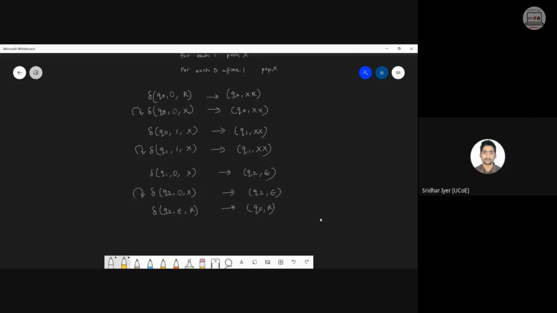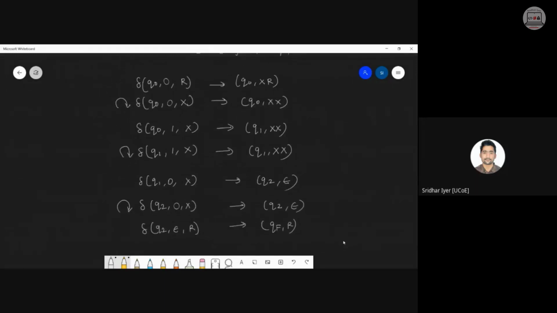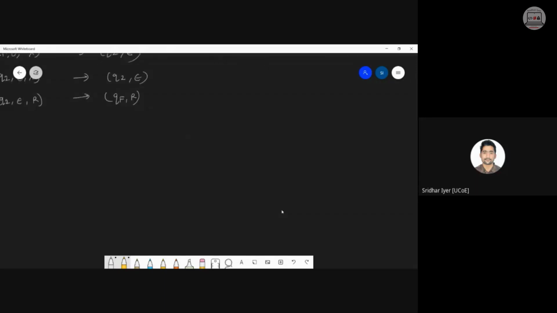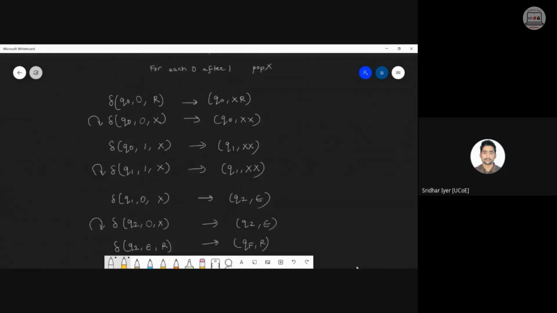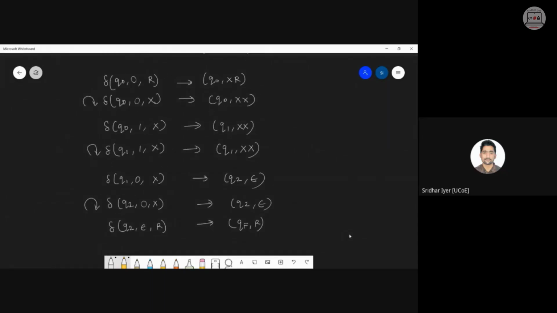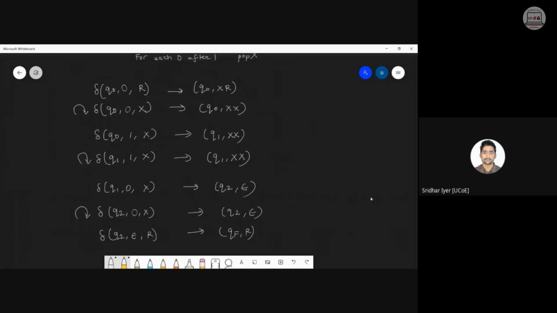Any confusions with this particular question? Do let me know. It is the most straightforward problem in PDA. One set came, accept, change state. The second set came, accept it, change state, and then start popping. This is how you need to first think of a logic and then apply it in practice. So if you want, you can take a screenshot, or else I will move ahead with the next problem.